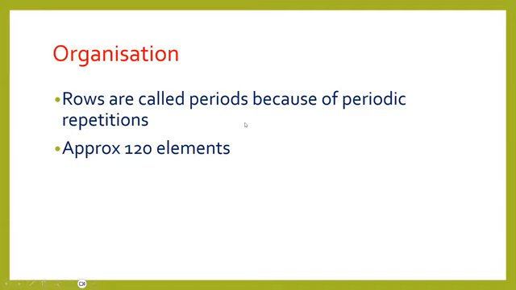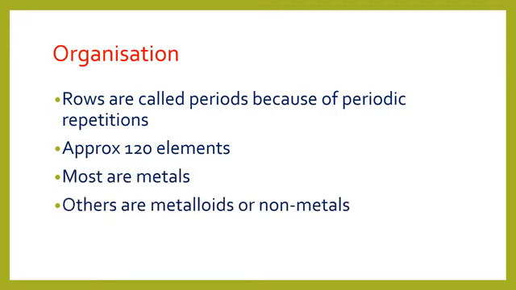Of course, whether we talk about naturally occurring elements or ones which are made artificially doesn't matter. We're just talking just over 100. Most of them are metals, some are metalloids, and then most of the rest are non-metals, but the vast majority are metals, because they don't get that most of the time.